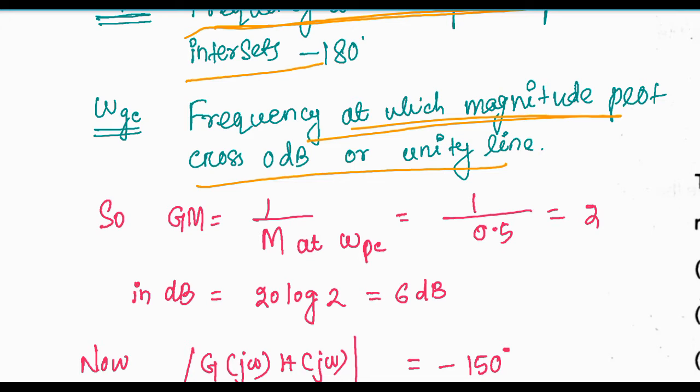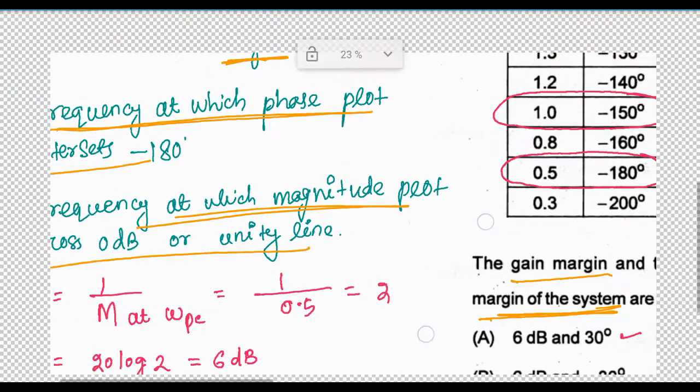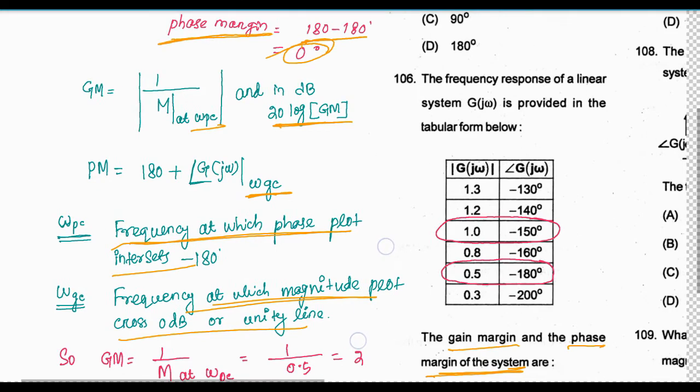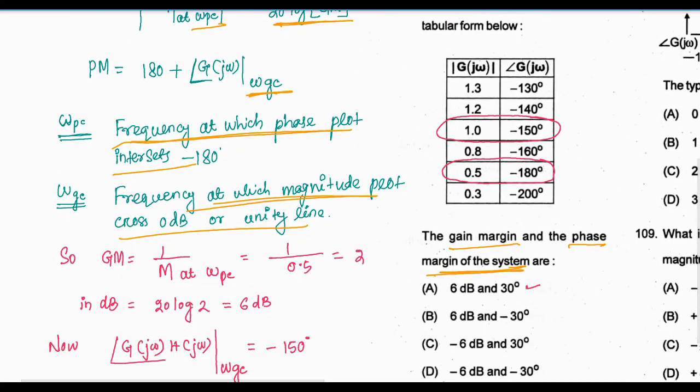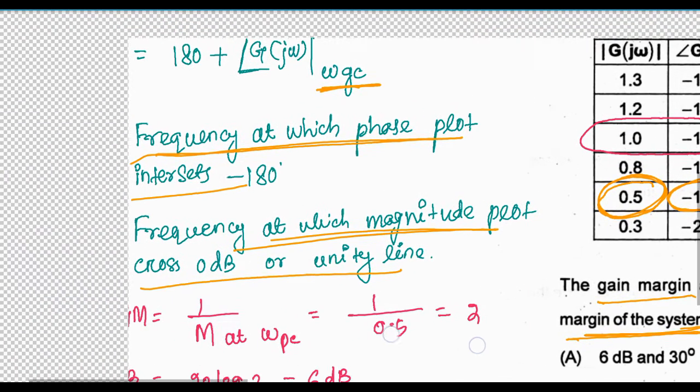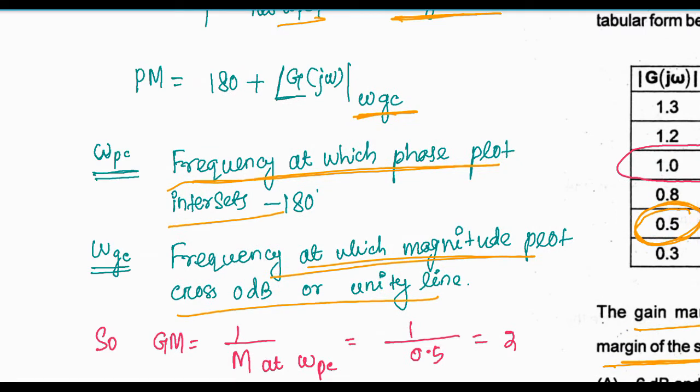So here, if we see omega pc, look at this one, at the -180 line, the magnitude is 0.5. So -180 is omega pc.